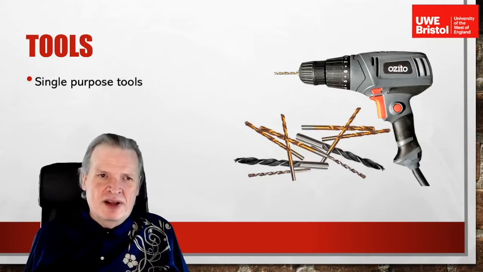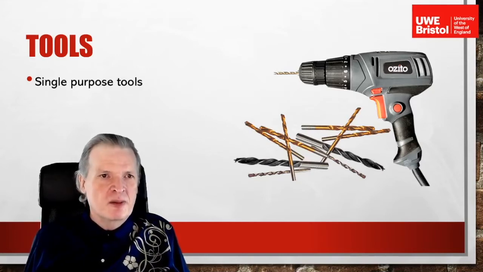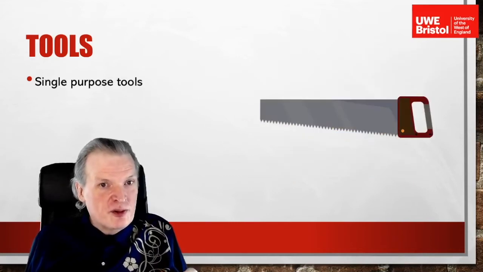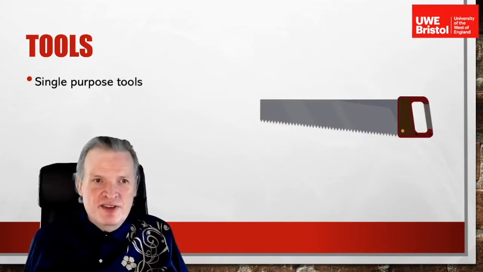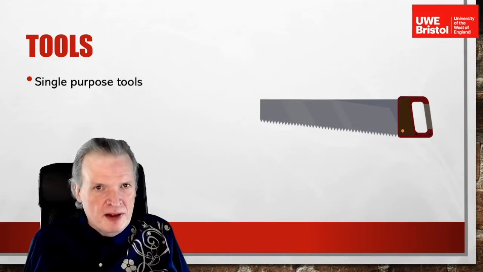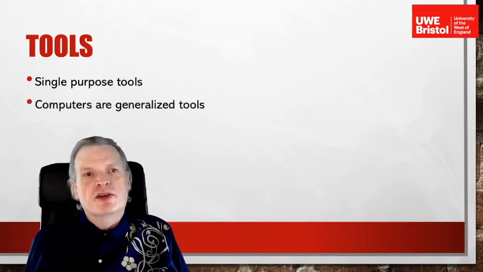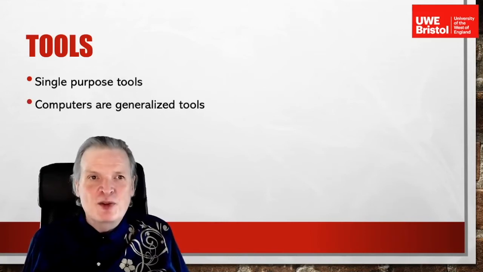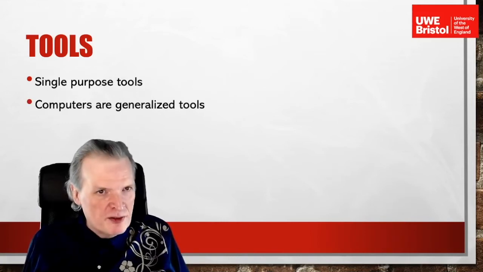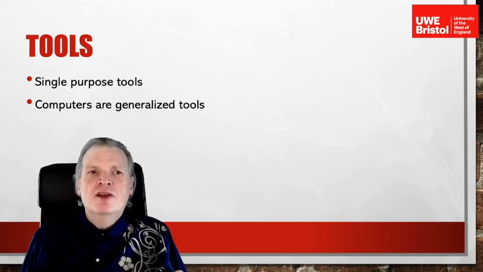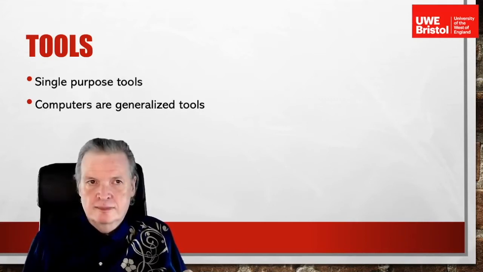You can't really use a power drill to cut wood. If you want to cut wood, use a saw. And so all the design of these single-purpose tools is absolutely dedicated to one purpose. But computers are different because they aren't dedicated to a single purpose. They're generalized tools. And that's a lot more complex to design for.